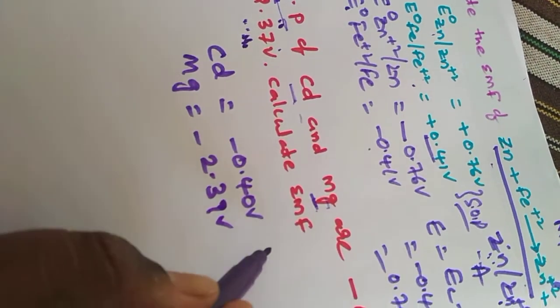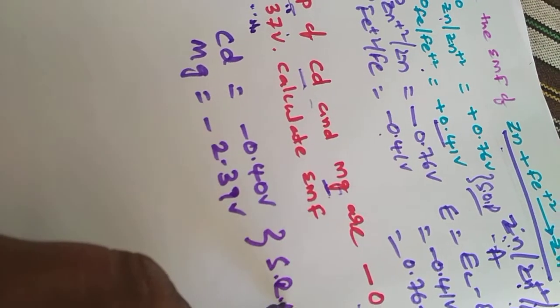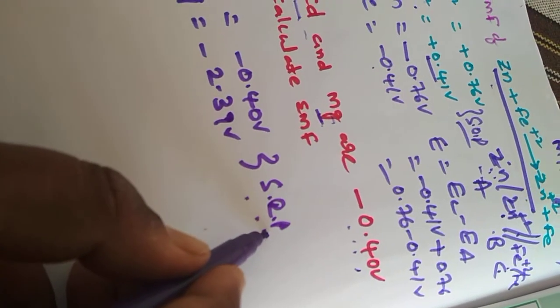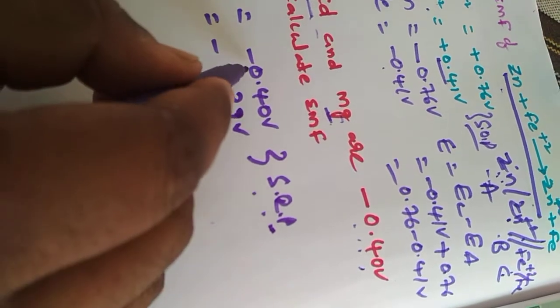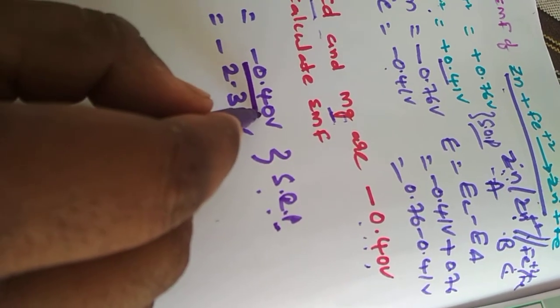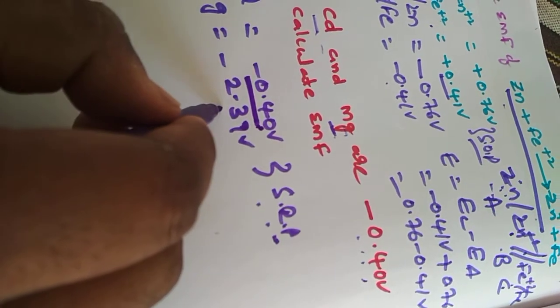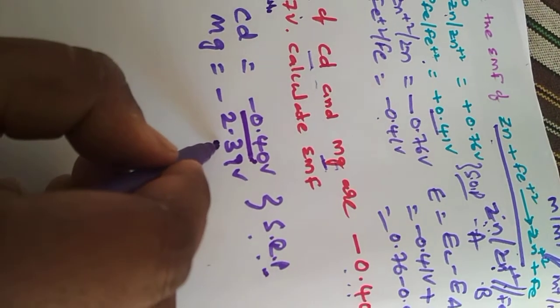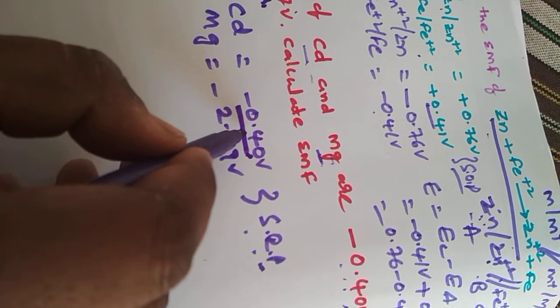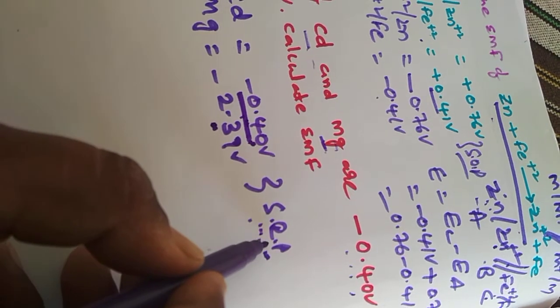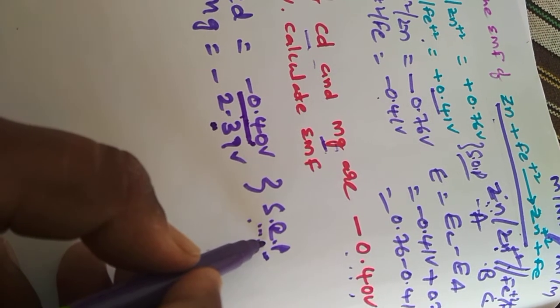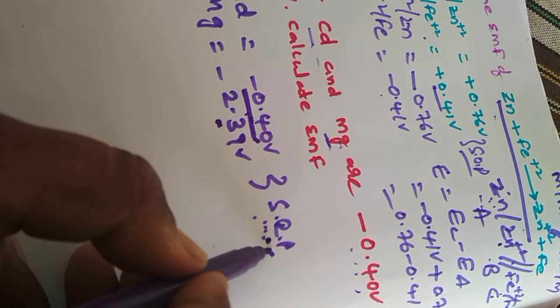Between these two, both are SRP, meaning standard reduction potential. Minus 0.40 is larger than the value for manganese. Hence cadmium has the higher standard reduction potential, and the one with higher reduction potential acts as the cathode.